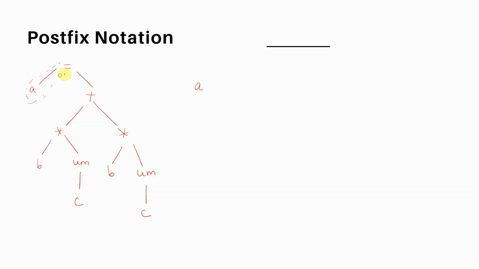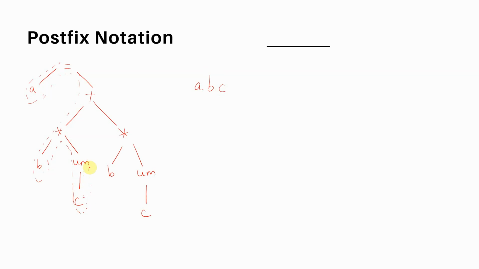Again come on top, again come down, go towards the downmost point, and then you encounter B. So note down this B. Then again come on top, again come down. When you reach the rightmost end this side, you encounter C, I note it down, come on top.